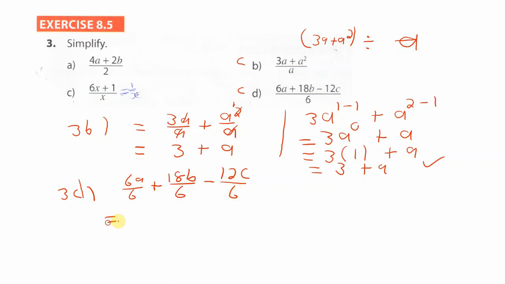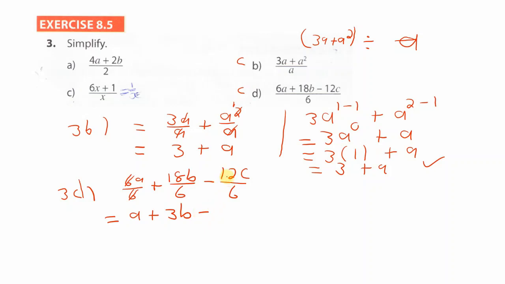Let's see if we can simplify. Well, we have the 6's that cancel. It's possible to cancel when you multiply or divide. So we simply have a remaining. We have a plus 18 divided by 6 is simply 3. We only have a b at the top, so we keep that b. Or we could say it's b over 1, which is still b. Anything over 1 is that anything.